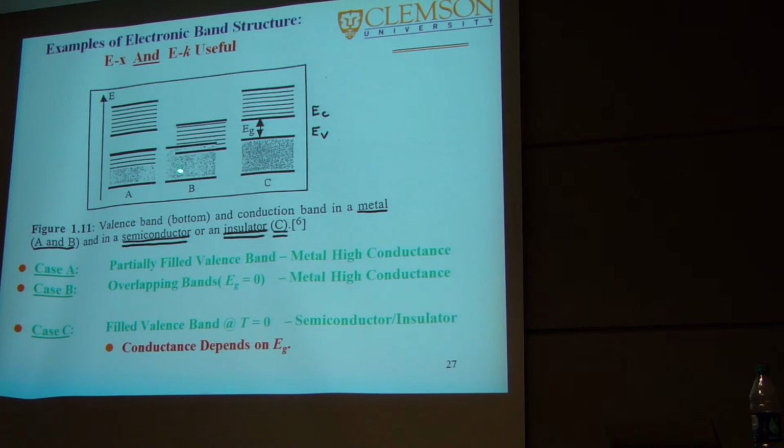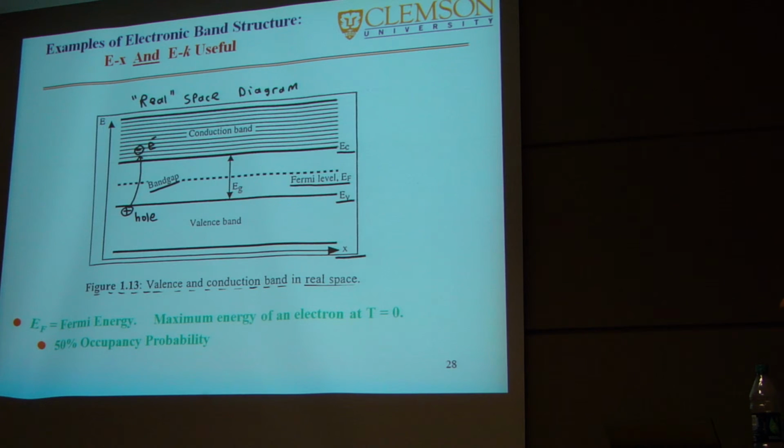There are other metals that band structure calculations show have a zero energy gap. They're actually overlapping. So this band moves down here, and you see there's overlapping states, and so electrons can easily move back and forth. So metals, in essence, kind of have no energy gap. That's one way of looking at it. Semiconductors and insulators have an energy gap, and the difference is just how big that gap is.